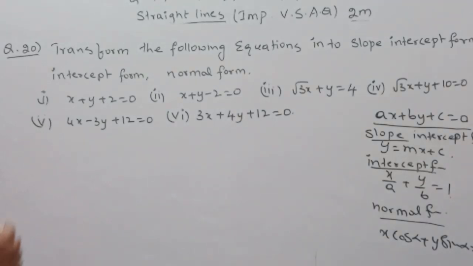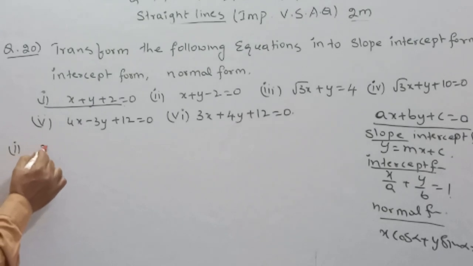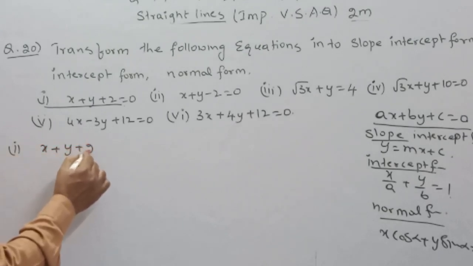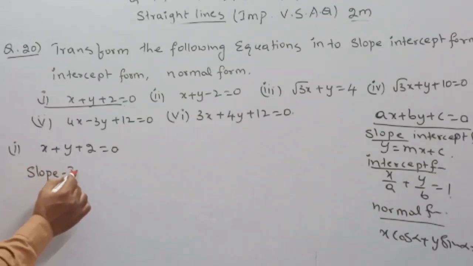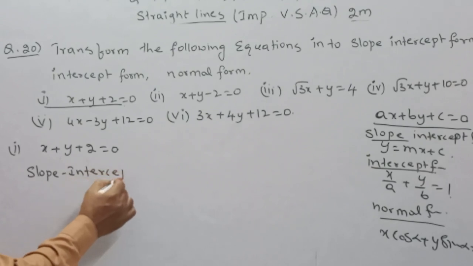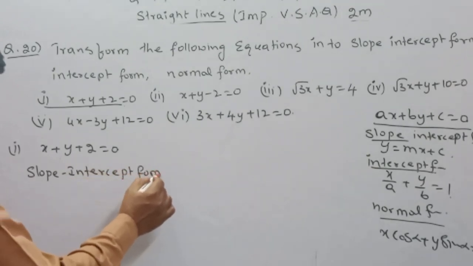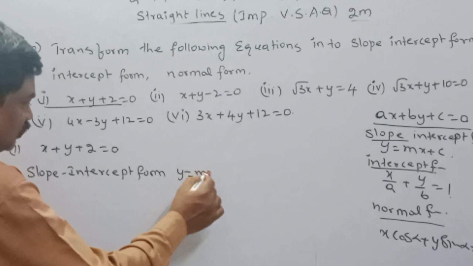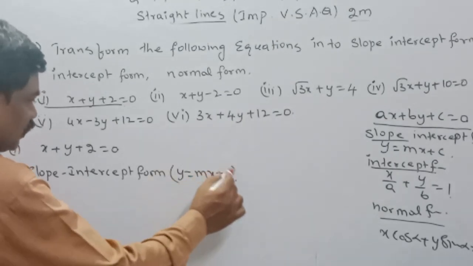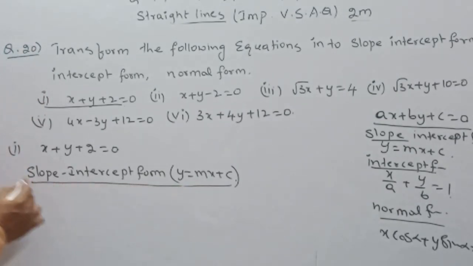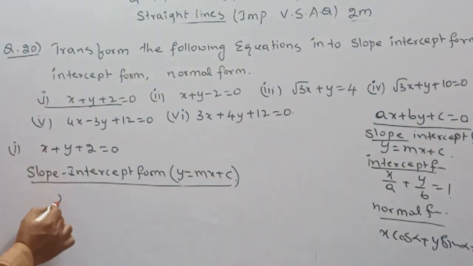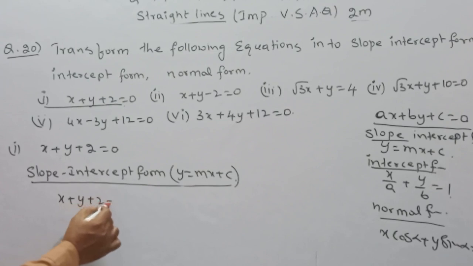Okay, all of you. First, you can take this one: x plus y plus 2 equal to 0. First, the slope intercept form, that is y is equal to mx plus c. Here m is the slope and c is the y intercept. So take x plus y plus 2 equal to 0.